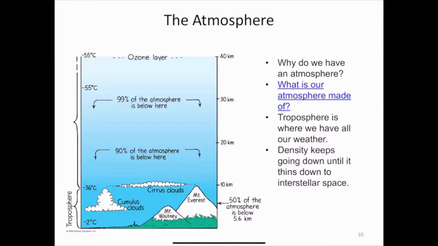What is our atmosphere made up of? It is mostly made up of nitrogen and oxygen. Nitrogen, I think, is 71% or something like that. Or let me just quickly Google that because I never remember.